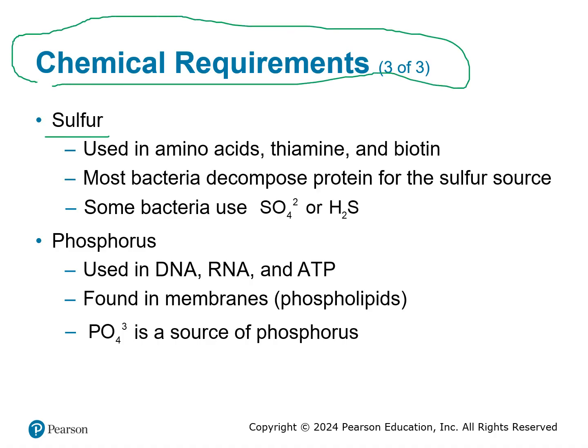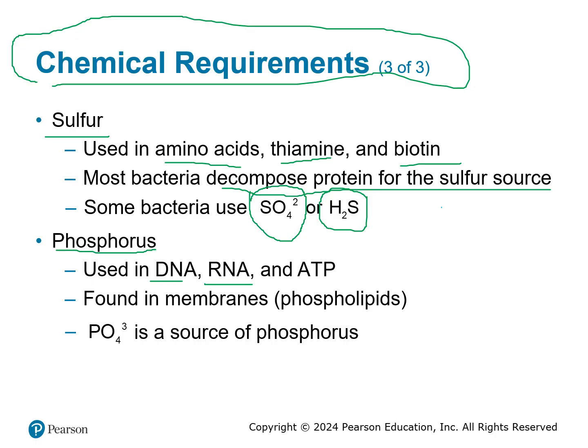All right, more chemicals. Sulfur is used in amino acids, thiamine, and biotin, and most bacteria are going to decompose the protein for the sulfur source. Some bacteria use sulfoxide or hydrogen sulfate. All right, phosphorus is found in DNA, RNA, right? Remember in class we had those little purple pluses that represented the phosphate group.